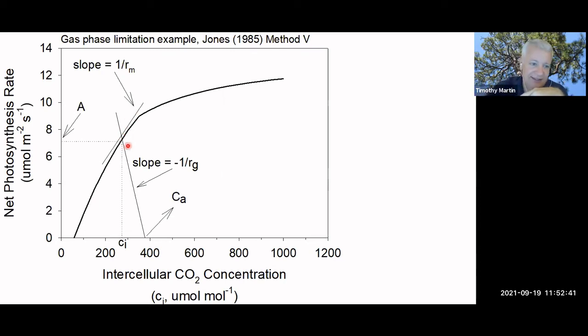Okay, so this slope, this line, is related to those non-stomatal or mesophyll components, and the slope of this is related to the gas phase or stomatal components. So Jones says, okay, the way that we can use these to calculate the limitation due to the gas phase component is to look at the total resistance, which is Rg calculated from this slope, and Rm calculated from this slope.